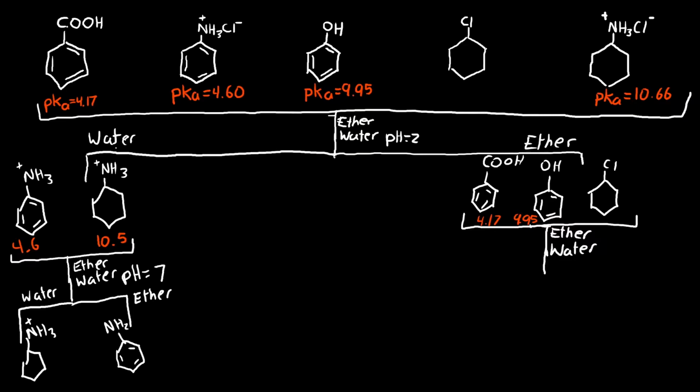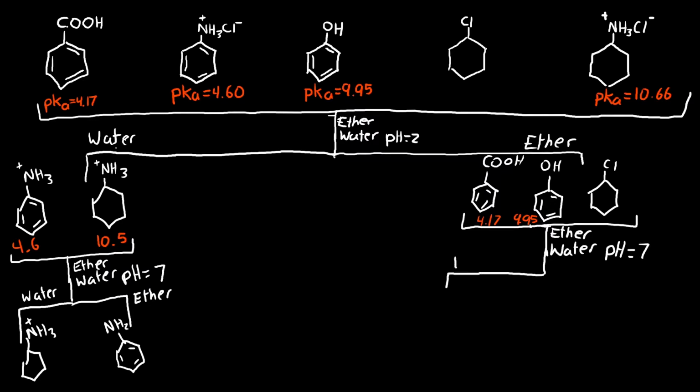If we go the other way where the pH is 13, that will work. It's going to separate the two compounds from the Cl. Instead, though, to get a little more practice, I'm just going to make the pH 7.